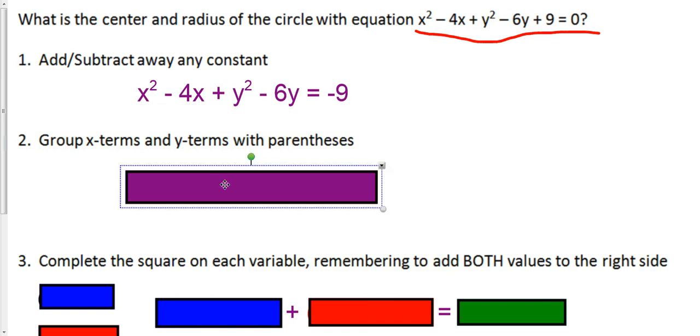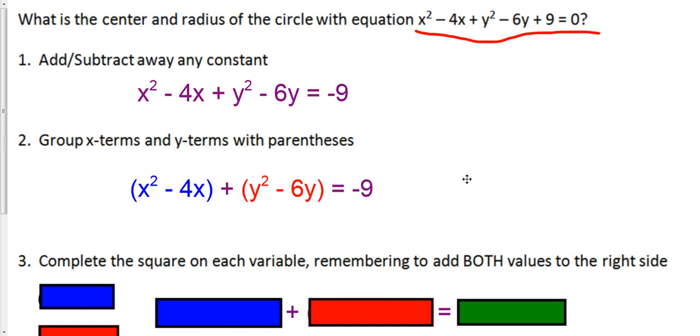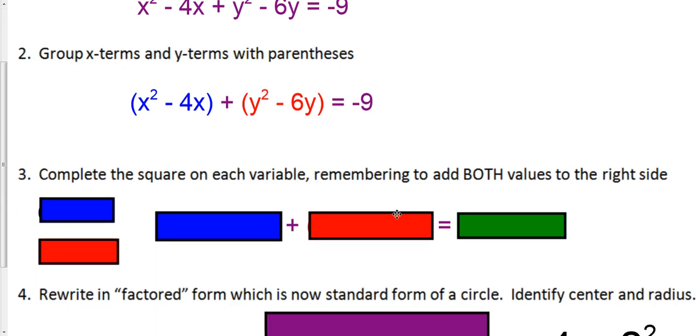Now we're going to group our x terms and our y terms together with parentheses. You can see on mine I put the x ones together in blue and the y ones together in red. That way we can group everything together. Now to complete the square on this x term, I want half of negative 4, which is negative 2.